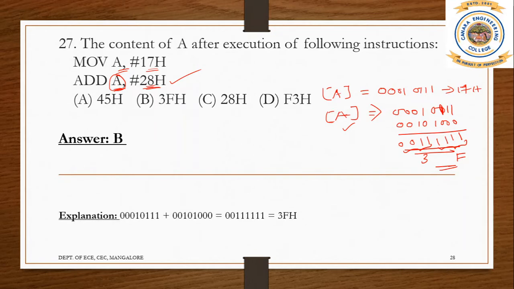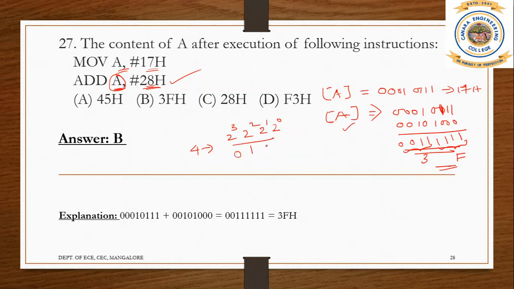Okay. So when I write binary, I hope those who are watching this video know how to write the binary representation directly from the hexadecimal, because it is based on binary weightage: 2 power 0, 2 power 1, 2 power 2, 2 power 3. So if I want to write 4, then 2 power 2 is 4, so there I put 1.